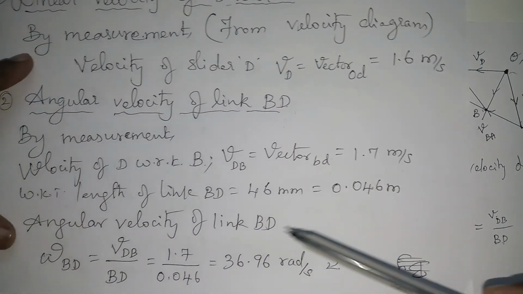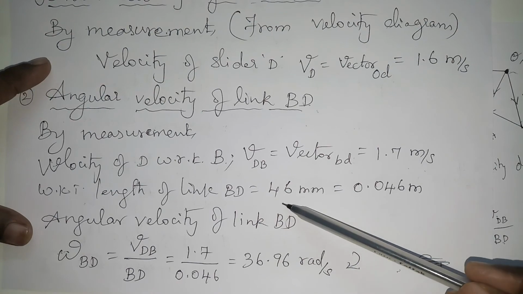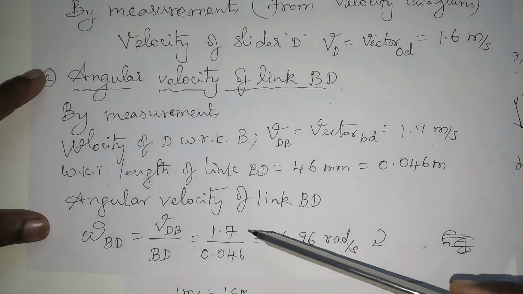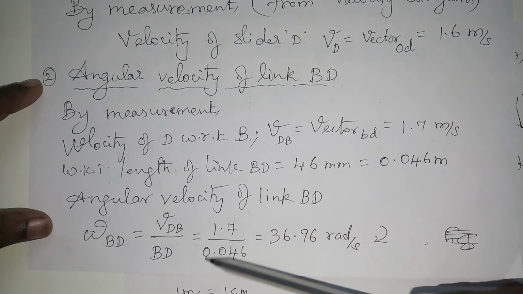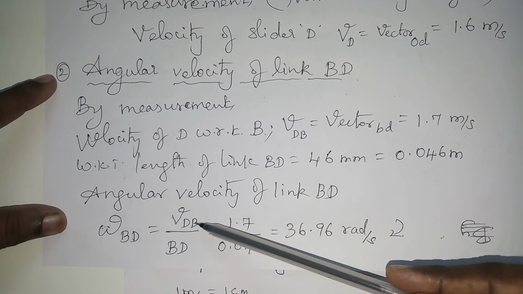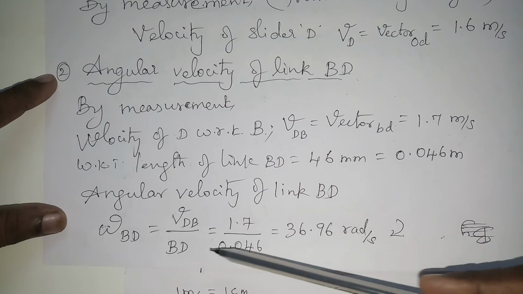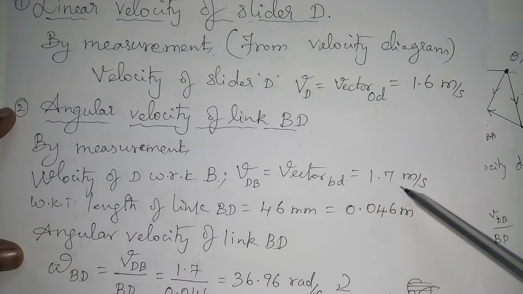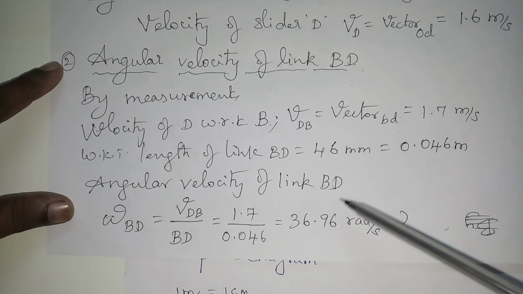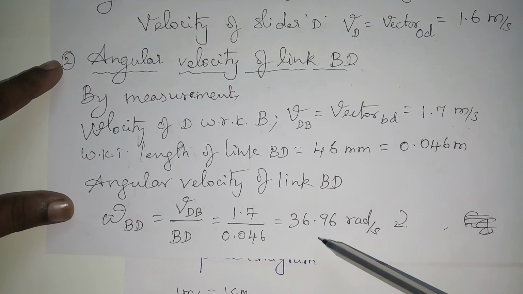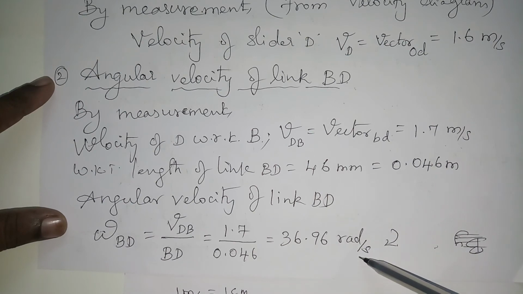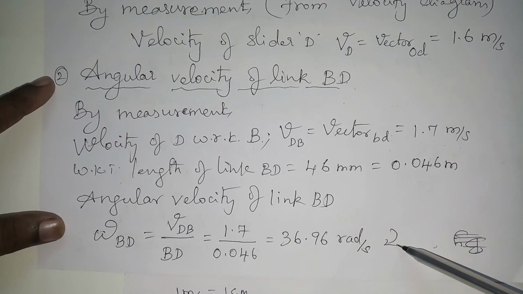Now angular velocity of the link BD equals VDB by BD. So 1.7 by length of the link. Substitute, you will get 36.96 radian per second clockwise direction.